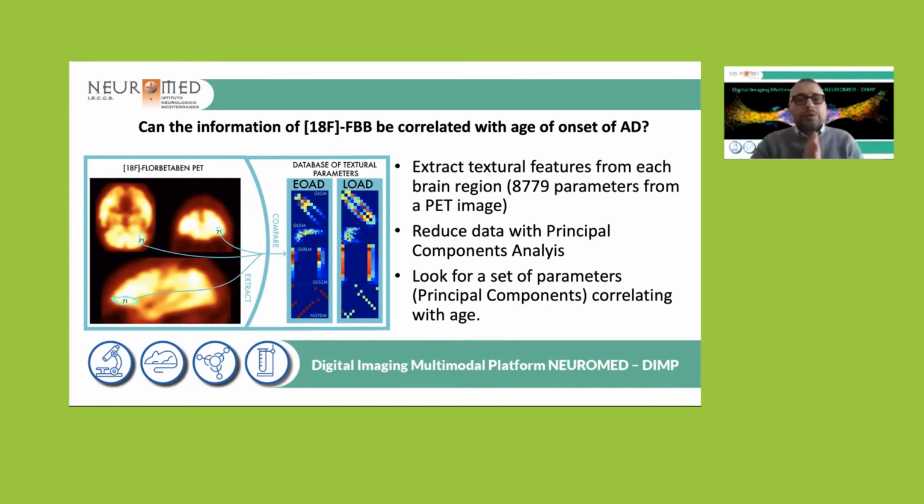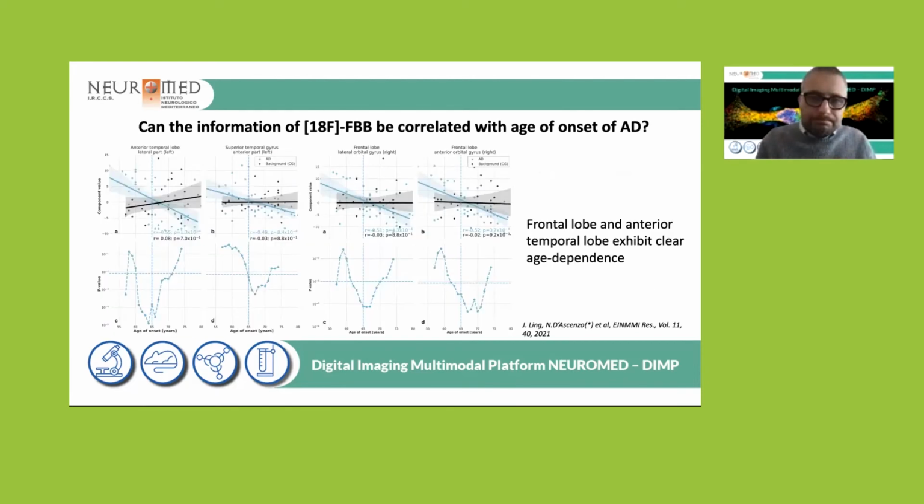We reduce them with principal component analysis and look for a set of parameters which correlate with age. You may understand that there are some parts of the brain where amyloid shows a very clear correlation with age. Not the uptake of amyloid, but the way amyloid is distributed in space.